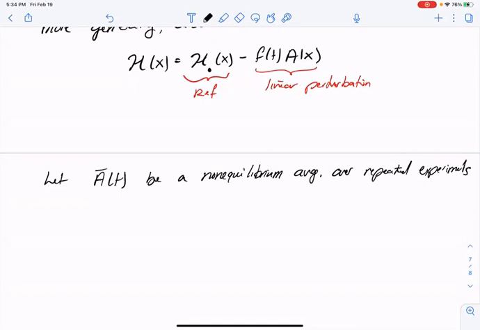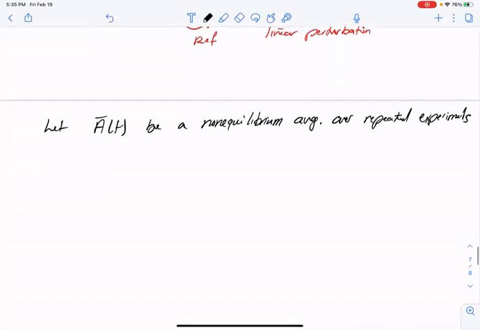So when F is finite, we have this non-stationary distribution, non-stationary dynamics.